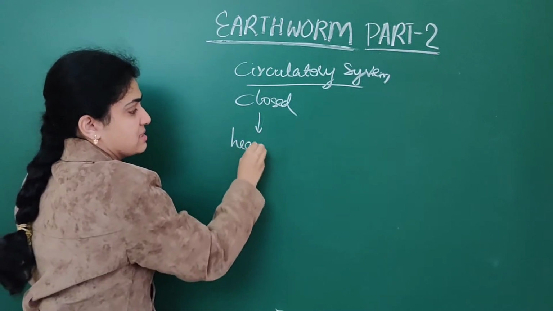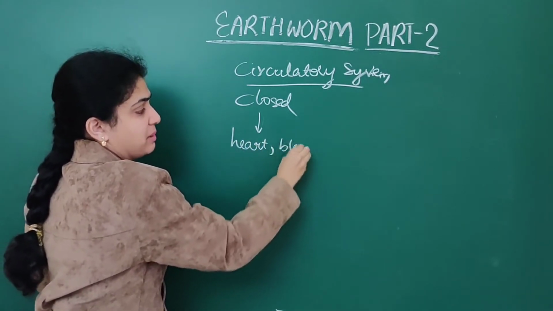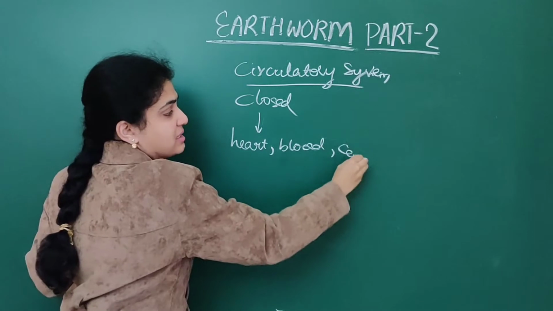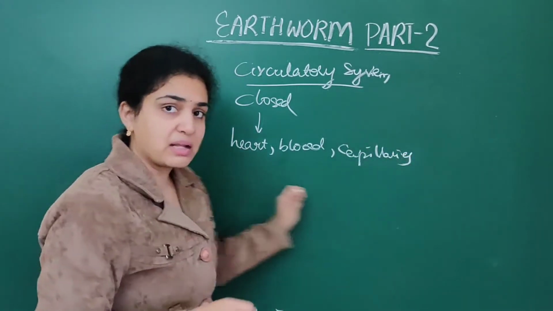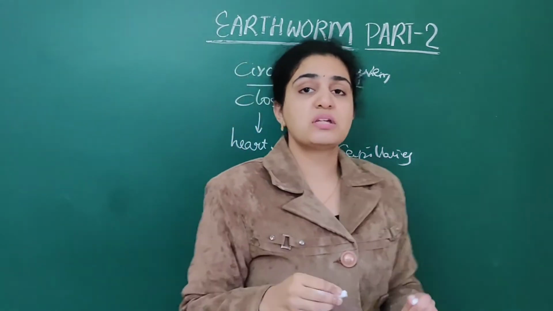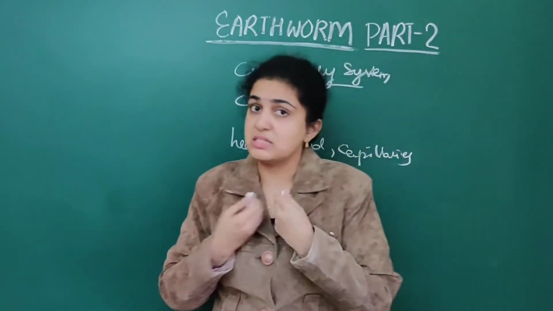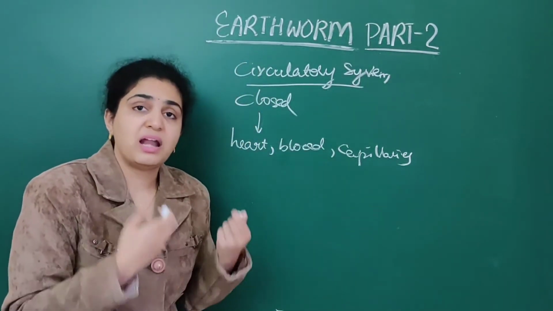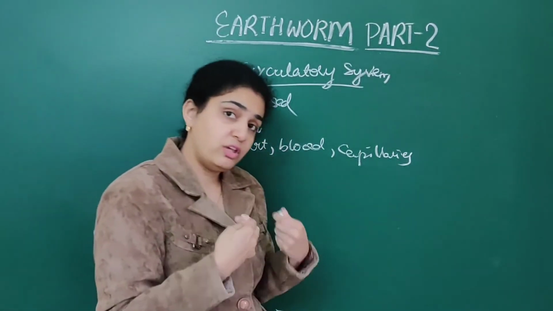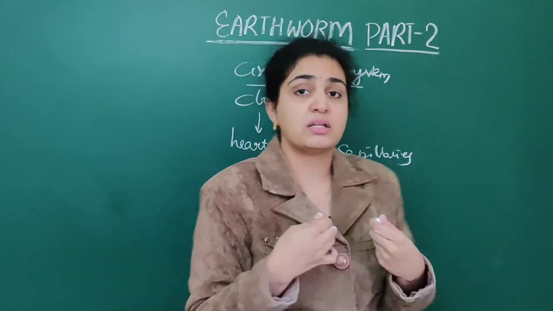Heart, blood vessels and capillaries are all present in the earthworm. That's why it exhibits a closed type of circulatory system, like our humans. We humans have a heart, blood vessels and capillaries, so we also exhibit a closed type of circulatory system.